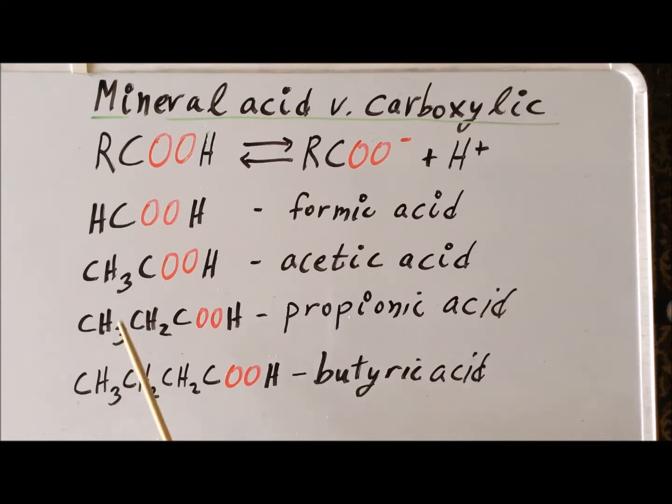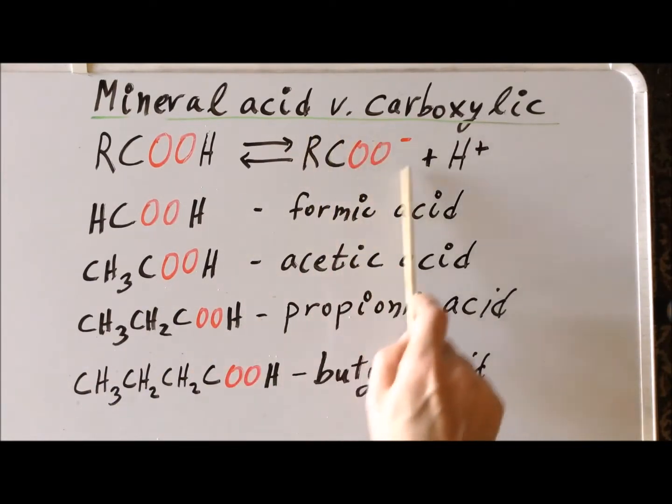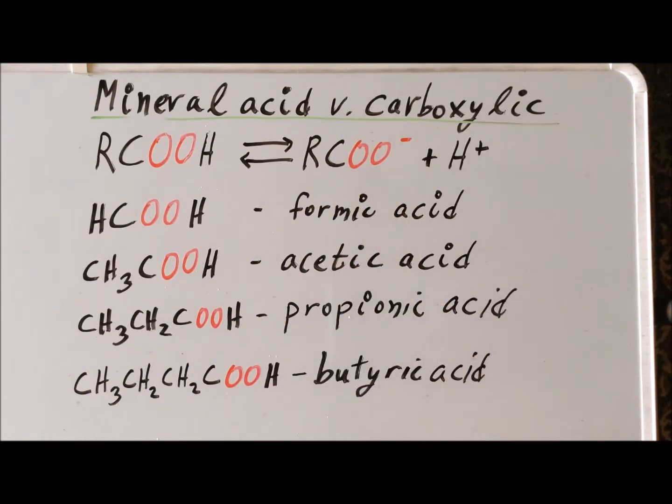However, as we get larger and larger alkyl groups, we would expect that they would release more and more electrons into the anion and destabilize it further, so therefore these would be weaker acids in the gas phase.